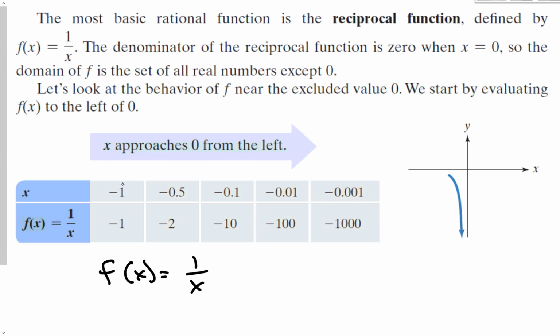So you can see that as my numbers are getting smaller and smaller and smaller, these numbers are getting larger and larger and larger. And in fact, they're getting a lot larger. Okay? And you can see that we are approaching 0 from the left. We're starting over here, right? And we're going closer and closer to 0.